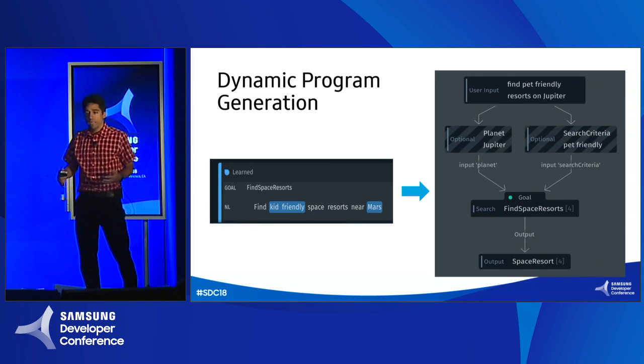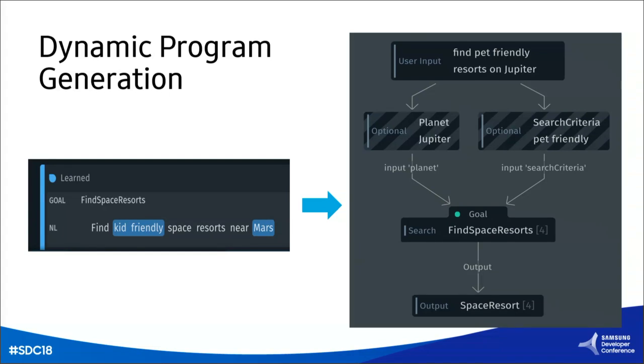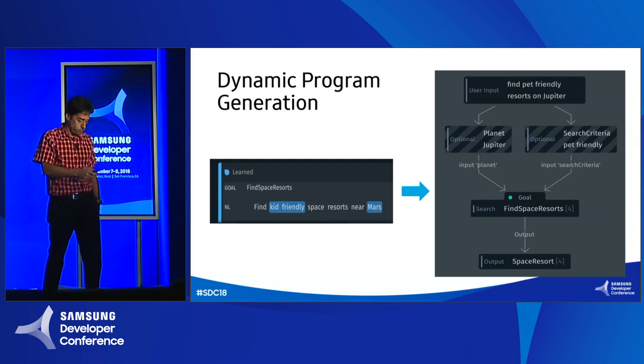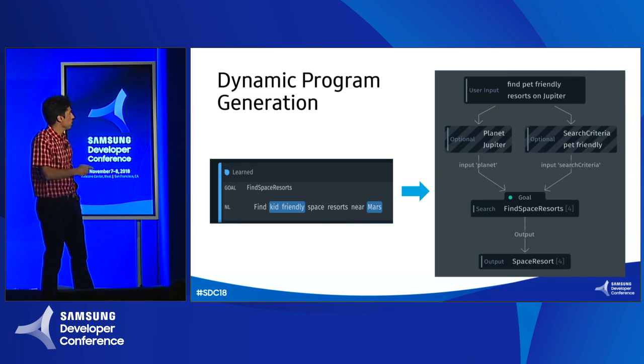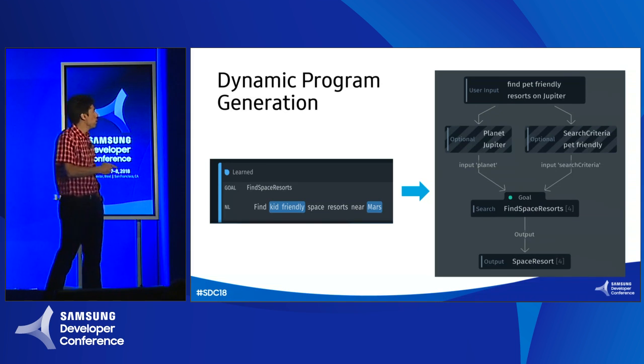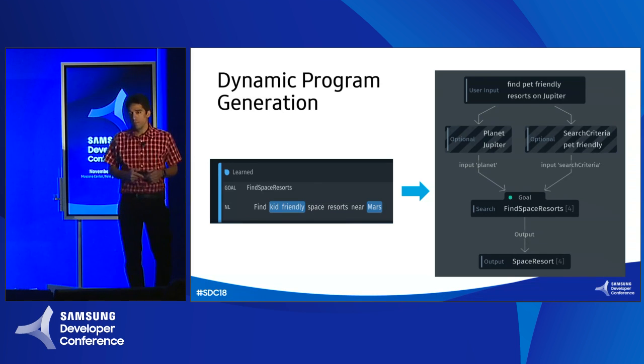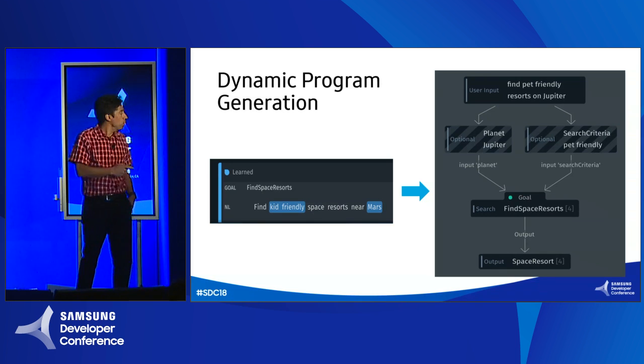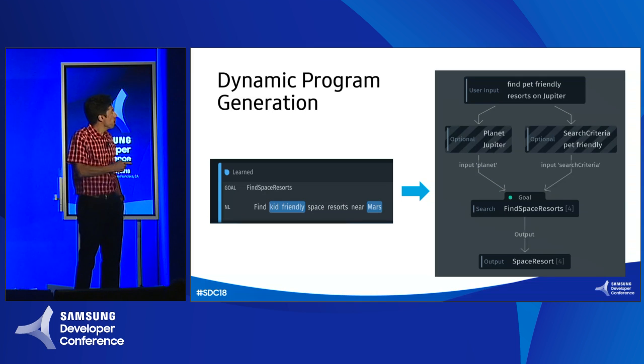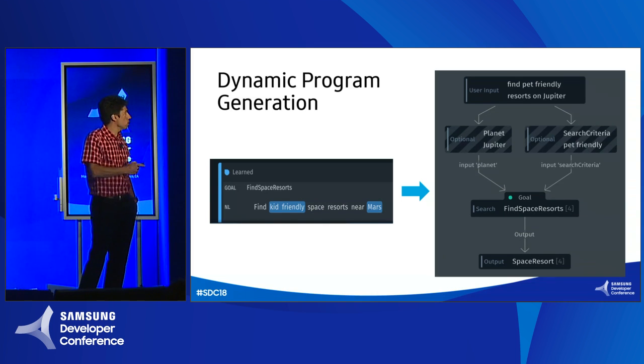Once we have the examples, Bixby will study them and learn from those how it can react to a natural language request, and can then generate a program that would correctly respond to users' input. I have an example of that here. The user is asking for pet-friendly resorts on Jupiter.